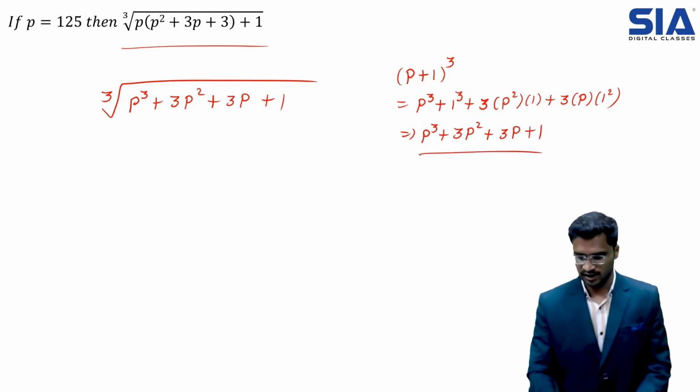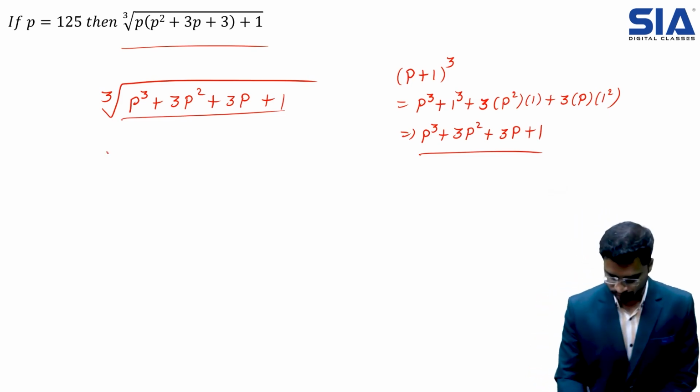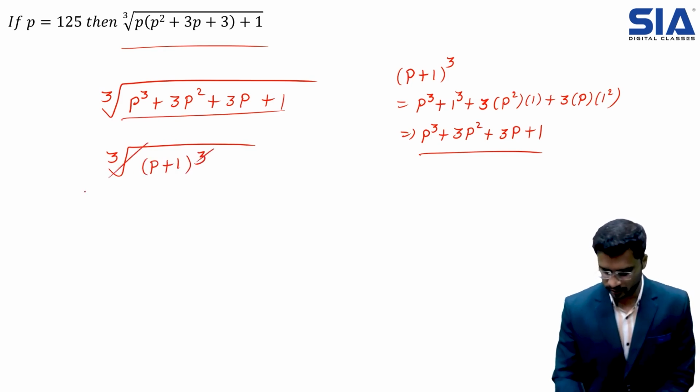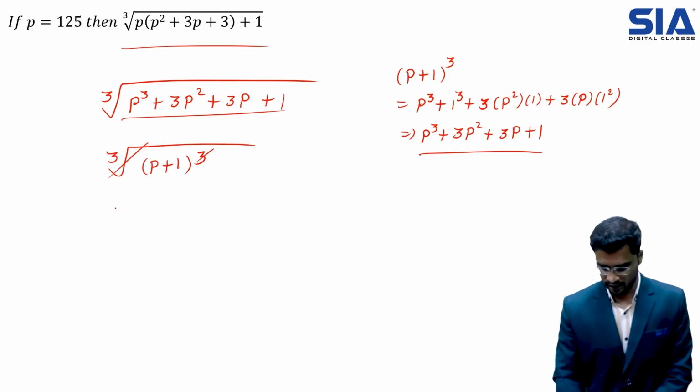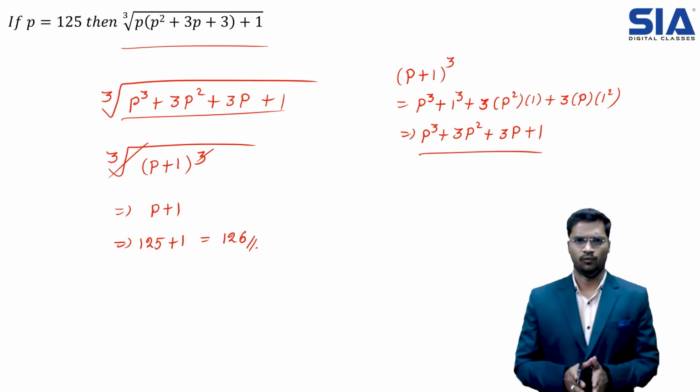So this value is nothing but (p plus 1) whole cube. So cube root of (p plus 1) whole cube: cube and cube root get cancelled. Now I am left with p plus 1. The value of p here is 125, so 125 plus 1 is 126. So our answer is 126.